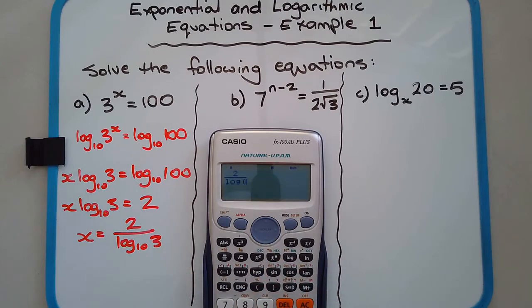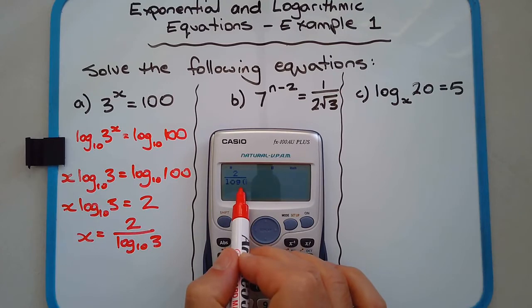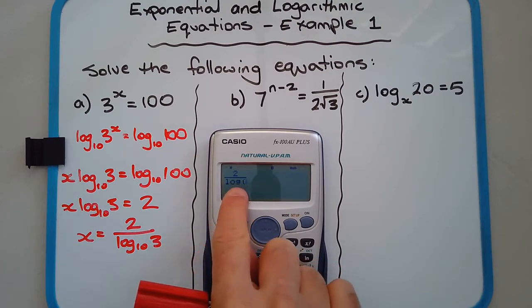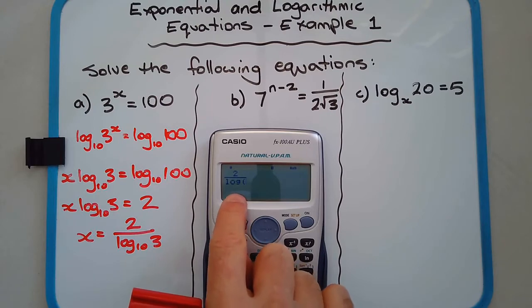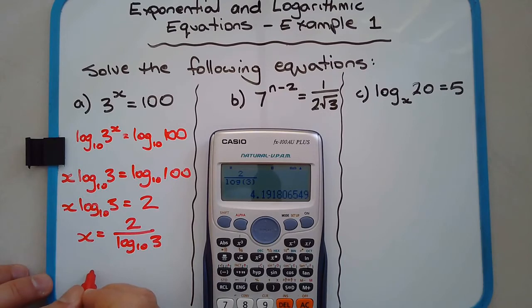Now notice that the log button on the calculator doesn't put a little base 10 there. There's a little subscript 10 after the g. When you see the word log on the calculator screen, we know it's got to be base 10. So anytime we press the log button, the calculator works it out to base 10. So log base 10 of 3, and we get 4.19.